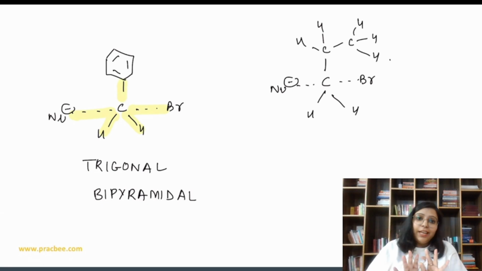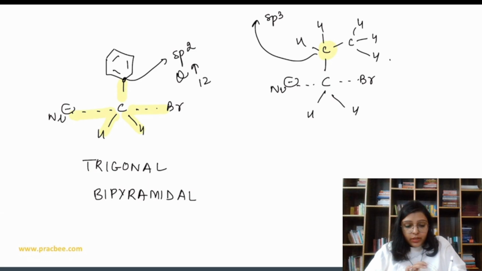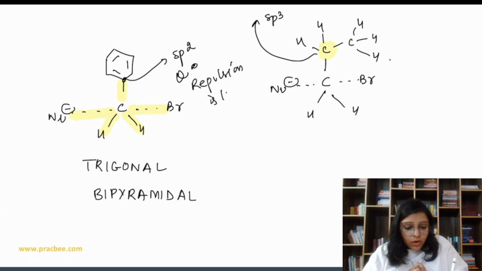If you see this, there is more steric hindrance, right? Why? Because this carbon is sp3 and this carbon is sp2. So if the sp2 character is more, theta is more, almost equal to 120 degrees. So if theta is more, repulsion is less, or we can say steric hindrance is less.